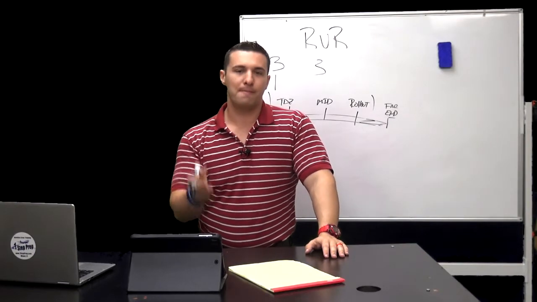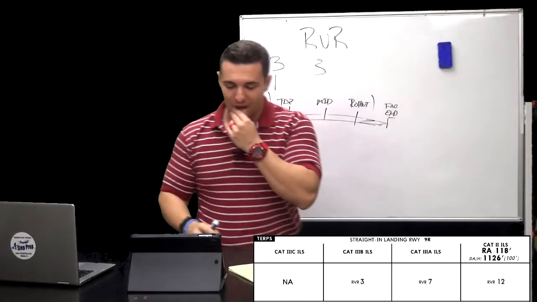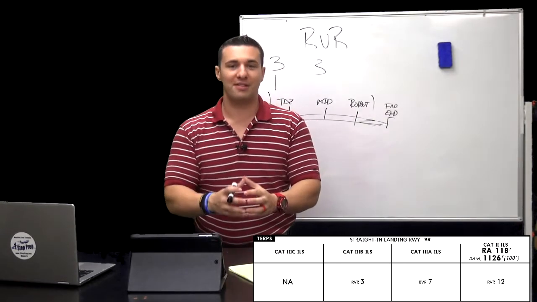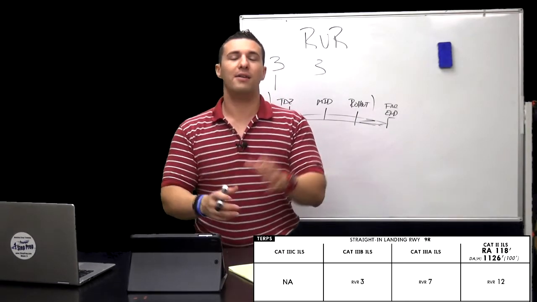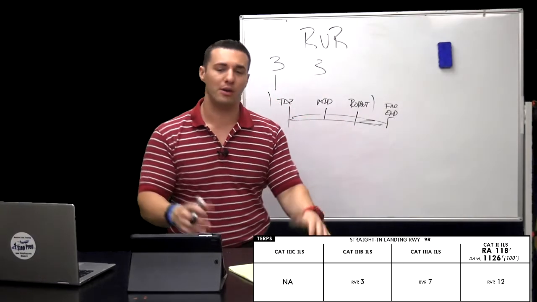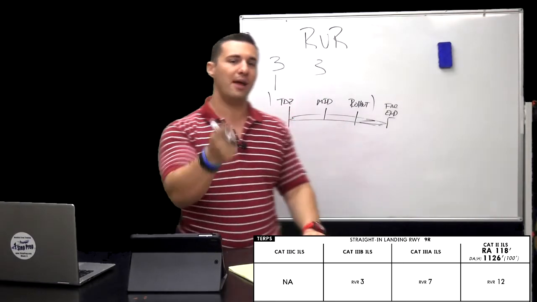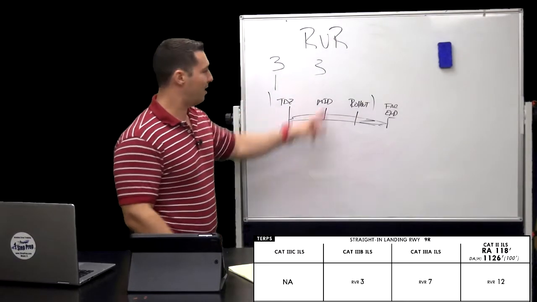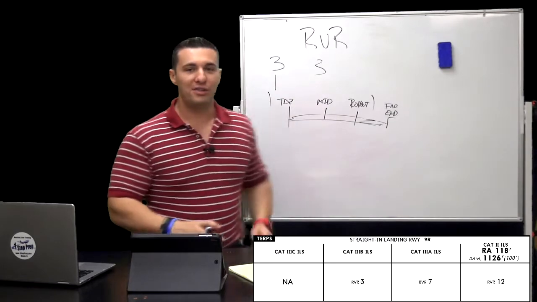So here, the lowest published value happens to be Category 3B ILS, RVR 300. So regardless of what kind of Cat 3 approach you're doing, because remember, A, B, and C are no longer, you're going to look for the lowest value, and that value will apply for your touchdown zone as well as your midpoint. I hope that clears this up.